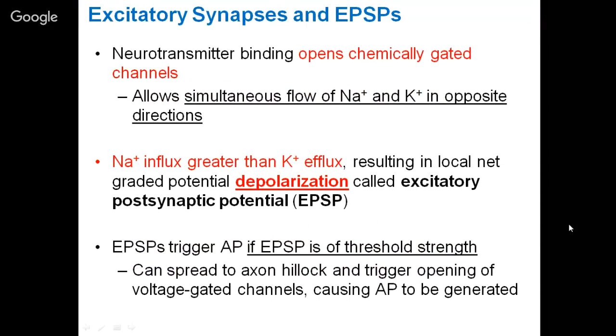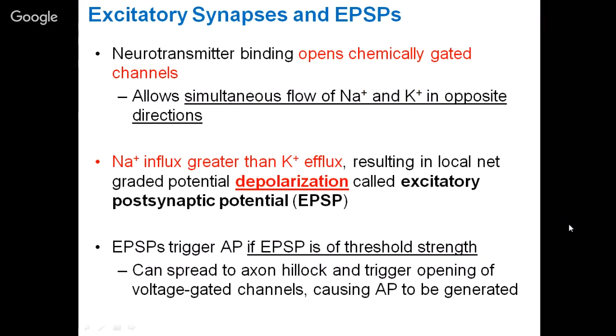So let's look at the excitatory synapses and EPSPs first. In this type of transmission, the neurotransmitter binding opens up chemically gated channels that allow simultaneous flow of sodium ions and potassium ions in opposite directions.